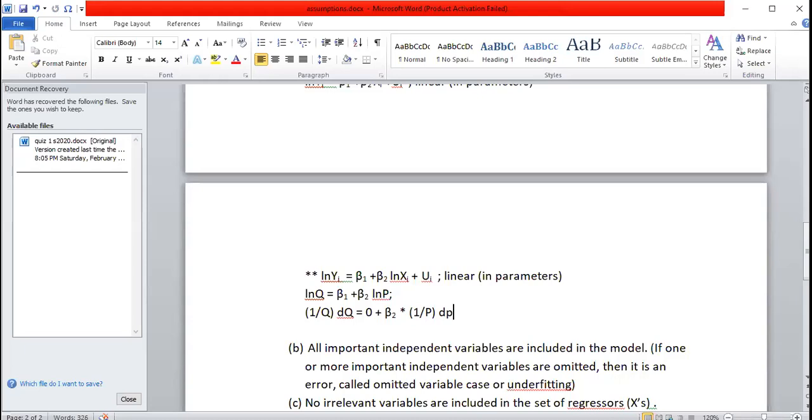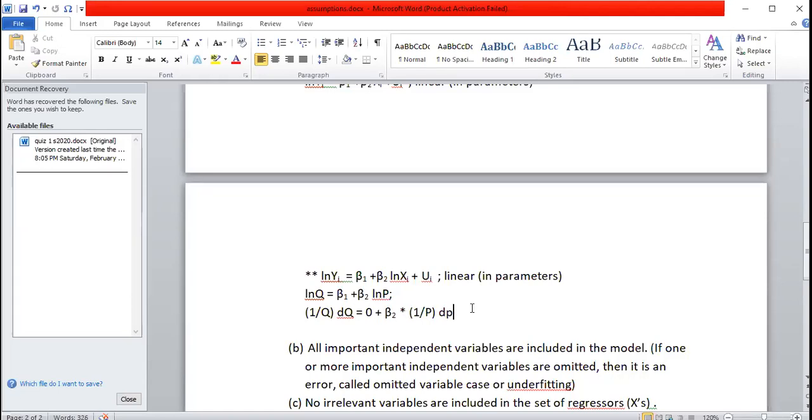Professor, where did you get 1? This is ln Q. So when you differentiate ln Q, what do you get? 1 by Q. Yes, that's how. So 1 by Q dq, and this is 0. Beta 1 is a parameter, a constant value, 0, plus beta 2 times 1 by P dp.